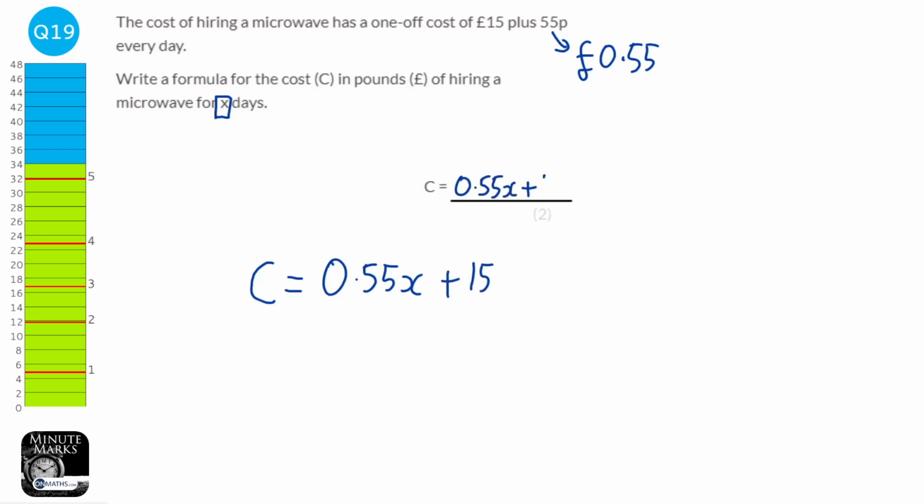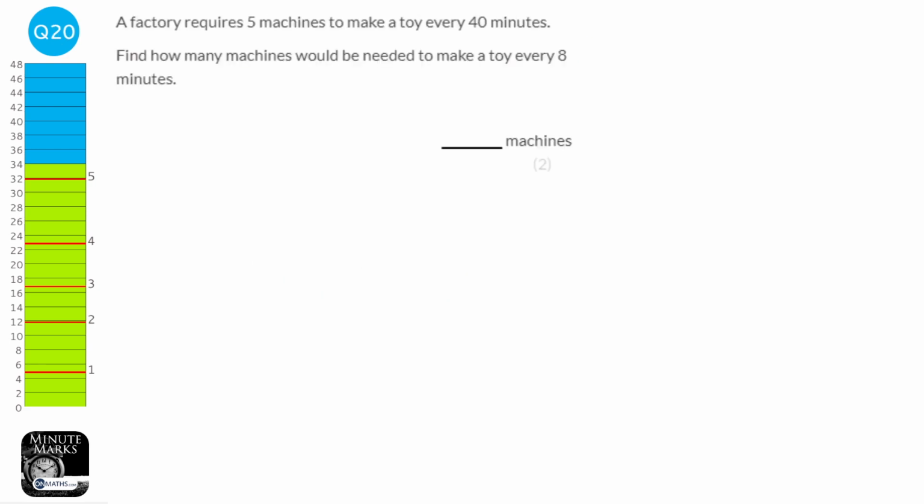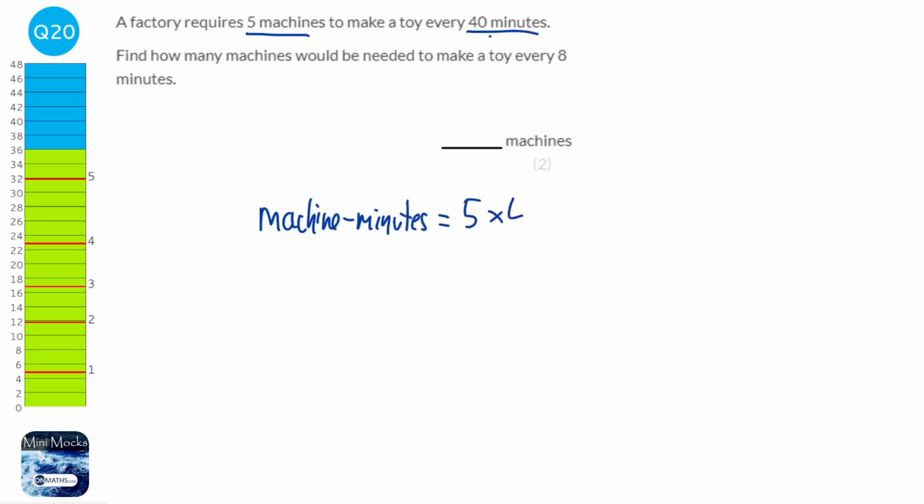So we need to first of all work out the amount of machine minutes it takes to make a toy. And what we do is we multiply the amount of machines by the amount of minutes. So 5 times 40, which would be 200.